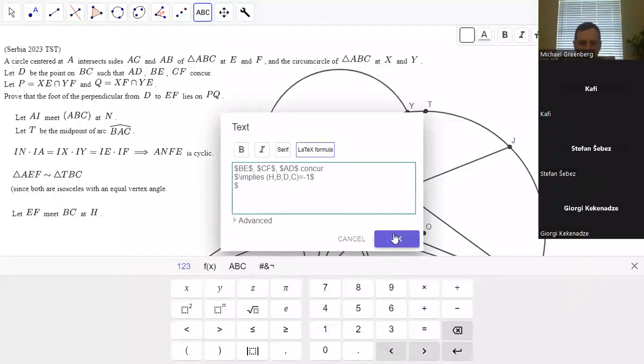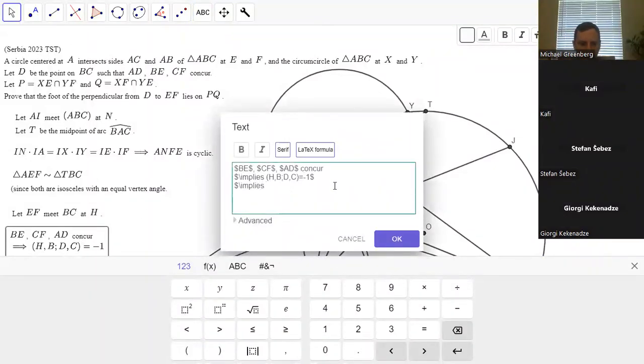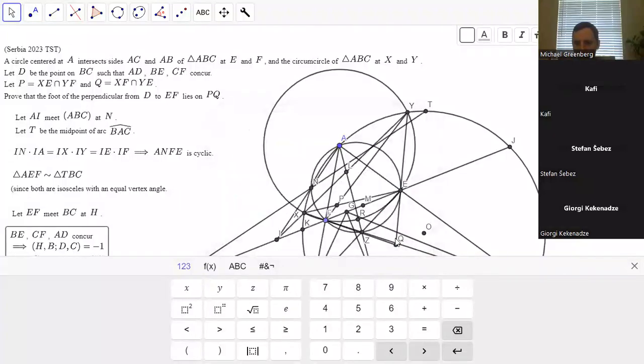And that implies, let's see, that would mean that GD bisects angle EGC.